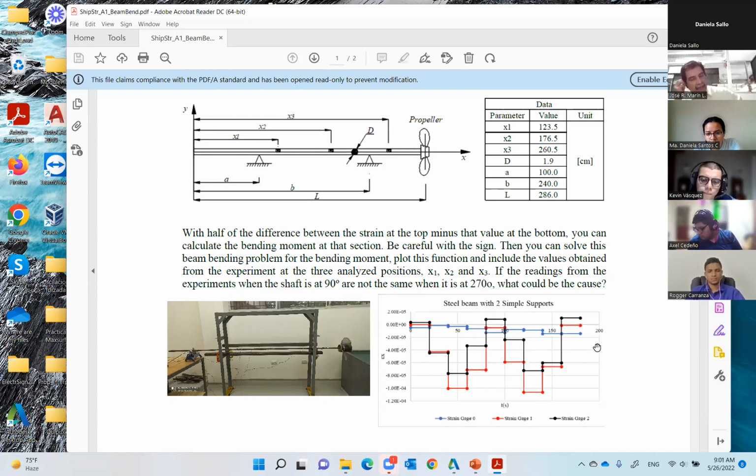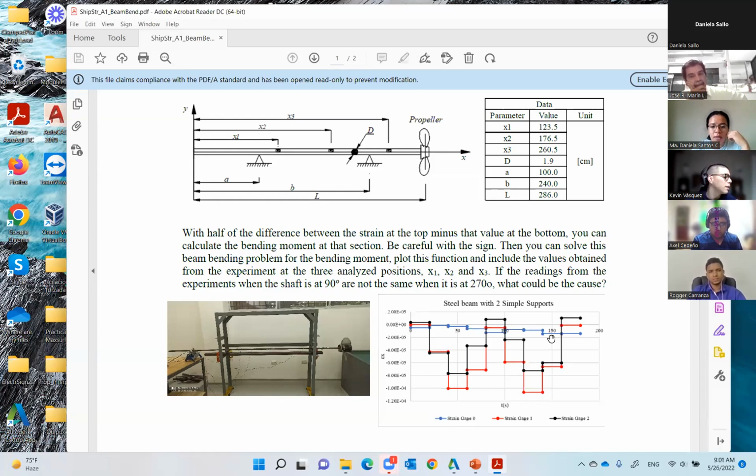We cannot get any decent result from here. You could take this value minus that one, or you can take the average of this and that, but you can see that there is some tendency, so it's not steady. So we just neglect it, unfortunately. So we can compare only the bending moment in 2 points, not in 3.